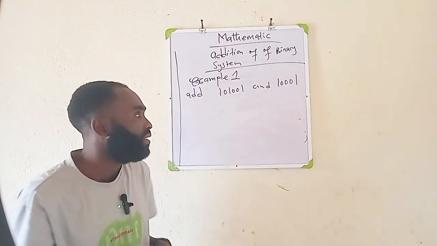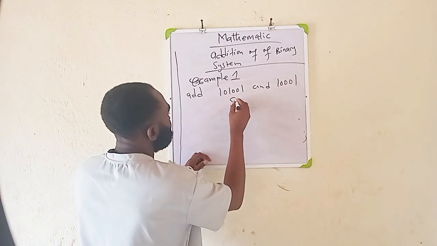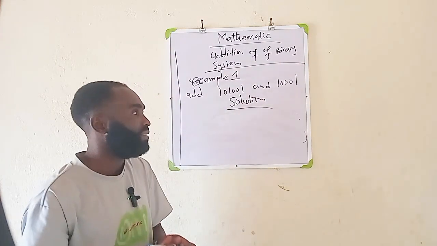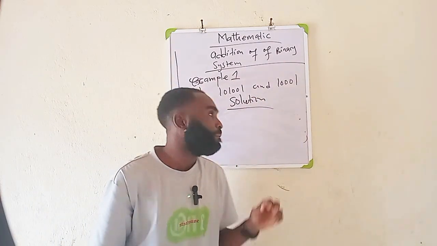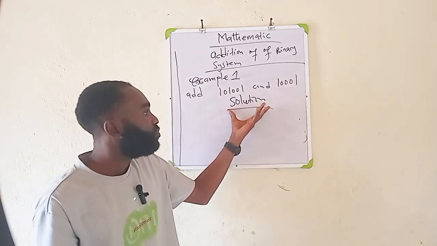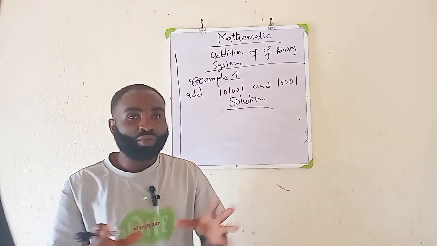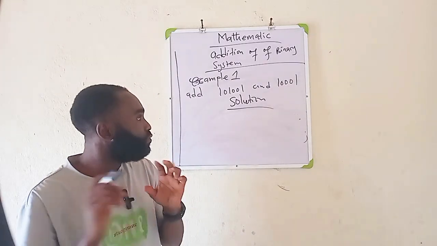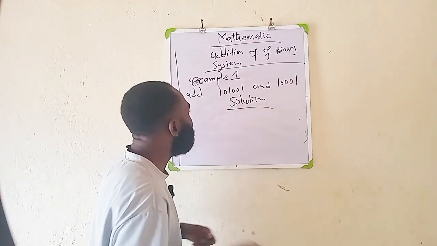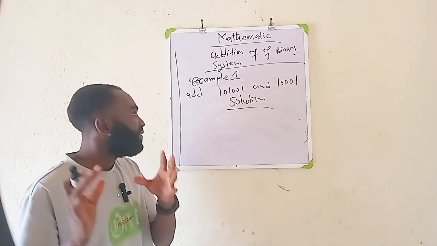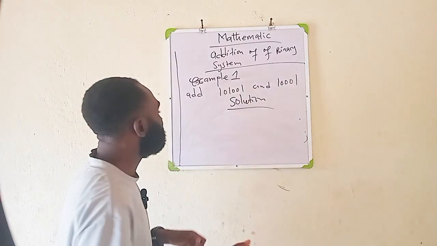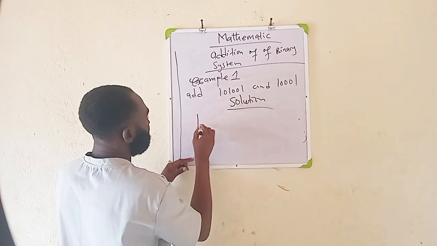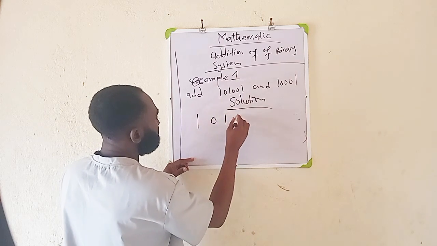So, solution. In mathematics, solution is very important. When you have a question, writing the solution is the key thing you need to do first. As usual, you have to arrange it column by column. We have 1, 0, 1, 0, 0, 1.